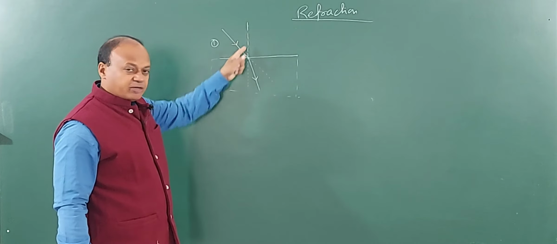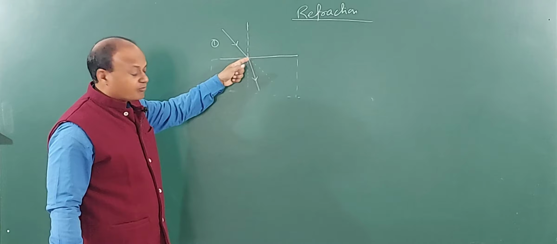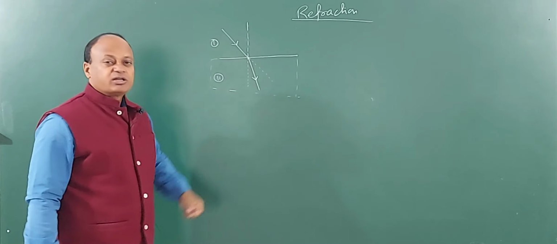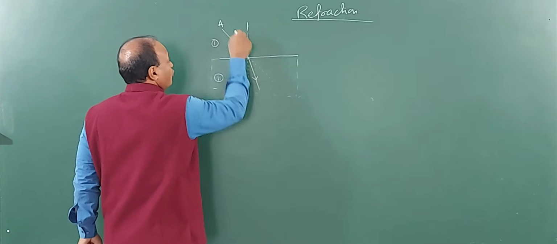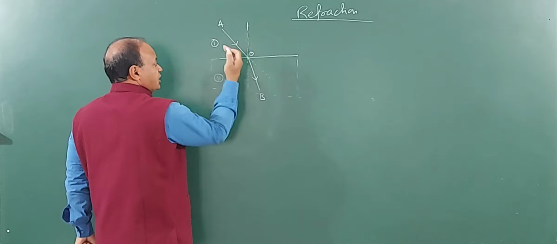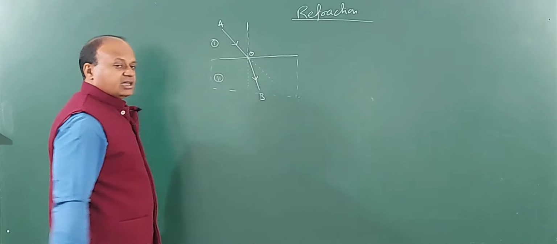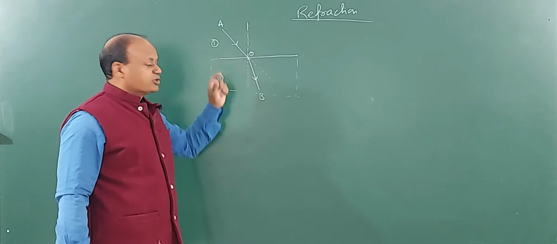This is the normal at the point of incidence. The ray in the first medium is called incident ray. The ray in the second medium is called what? Refracted ray. Let's name this AO and this BO.